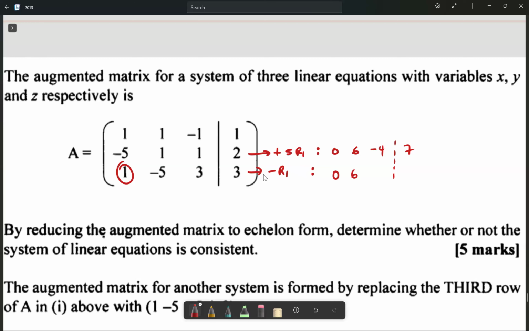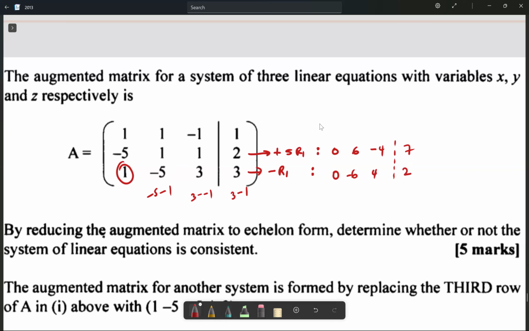So this is going to become -5 minus 1, -6. It's going to become 3 minus -1, which is going to become 4. And then this is 3 minus 1, which is 2.